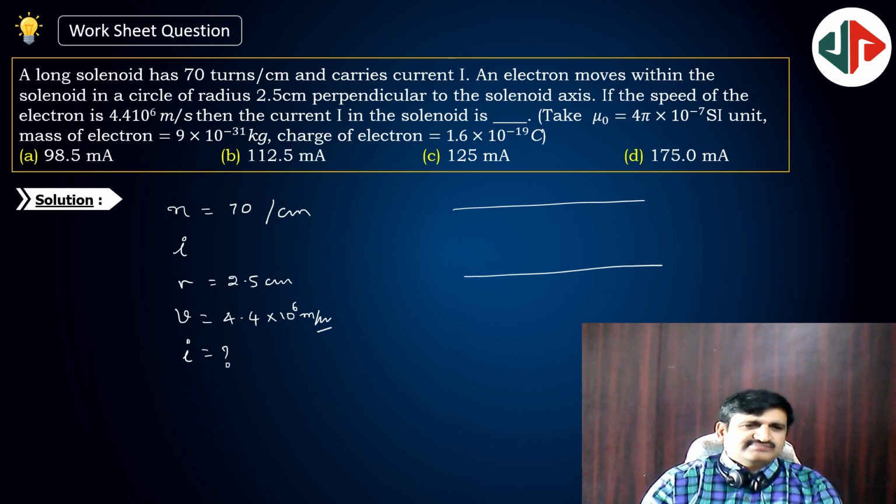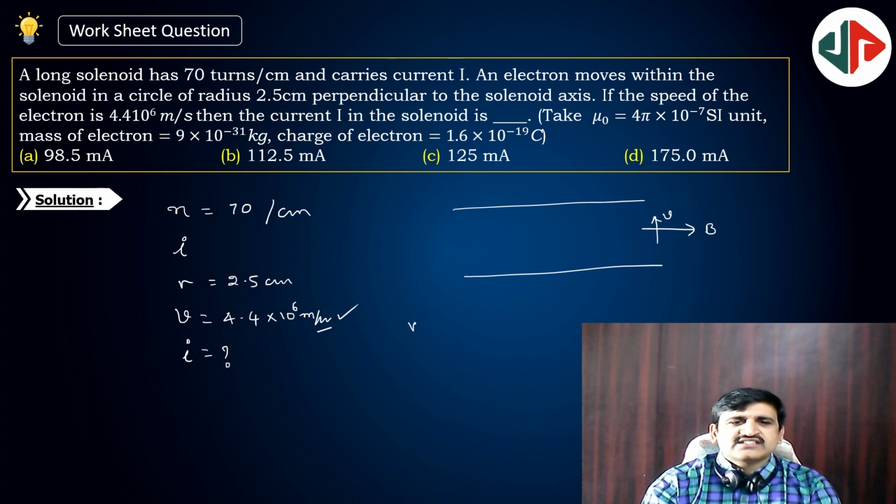Suppose the solenoid creates a magnetic field like this, B. In this, suppose an electron enters with a velocity v, then it makes a circle r = mv/(Bq), and B is mu naught n I, so mv/(mu naught n I q) = r.